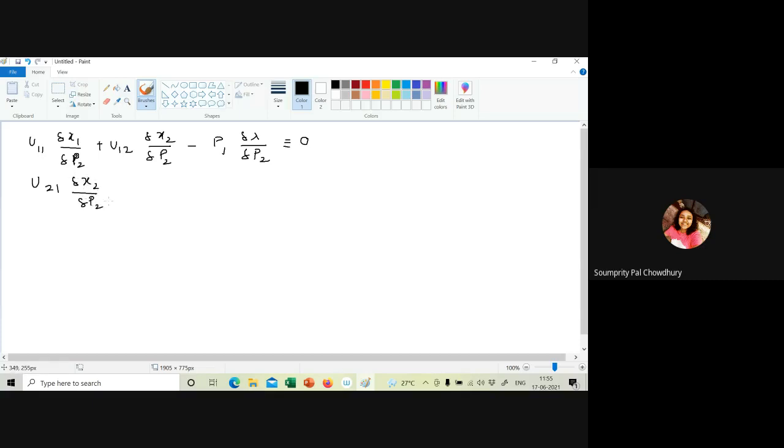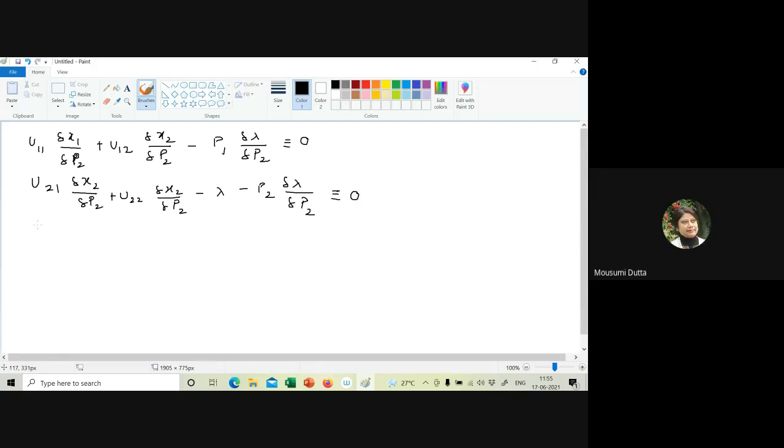plus U22 del x2 by del p2 minus lambda minus p2 into del lambda by del p2 equivalent to 0.